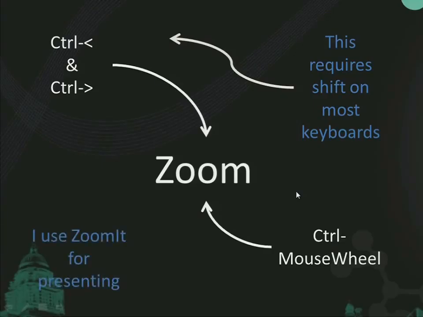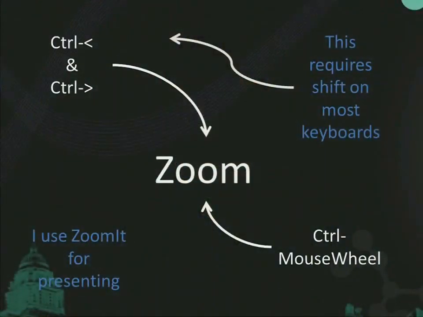Now, you probably see me zooming in and out of things, which is very useful whenever you're presenting, and probably useful if you were ever to present to your company. And that's a tool I use for that. It's called ZoomIt, which is from Sysinternals, which was purchased by Microsoft, so it's free. You can just download it and install it. It allows you to zoom in, start typing, zoom in, start highlighting things on the screen.